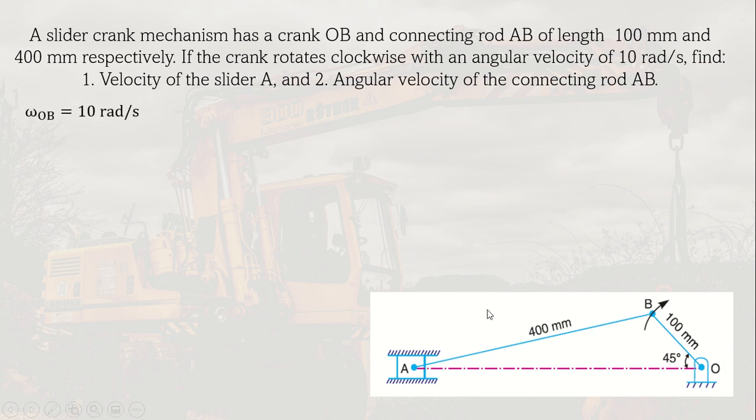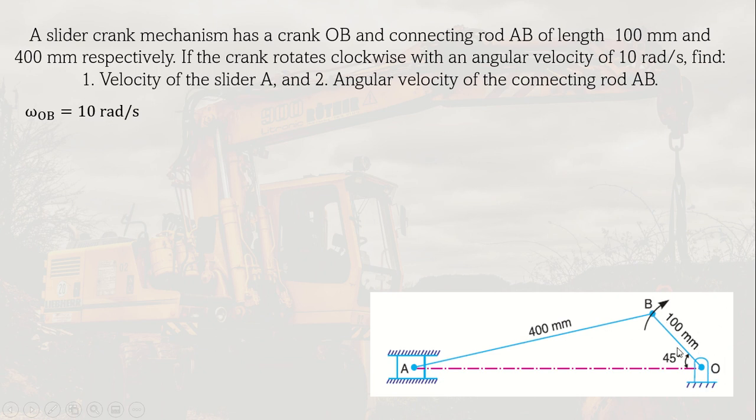So first we will get the ICs. But first we will solve for the equivalent velocity of B. Since we know that OB is 10 rad per second, this one is given in the problem. The angular velocity is 10 rad per second for this link, and it's constant.